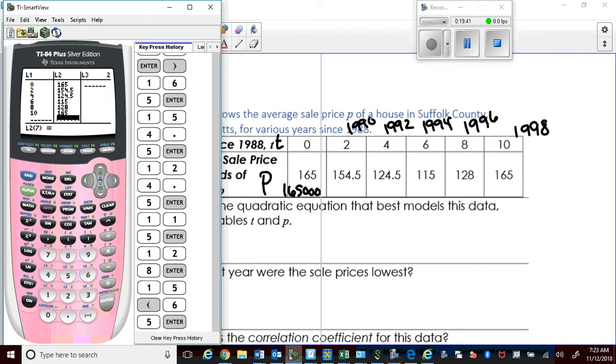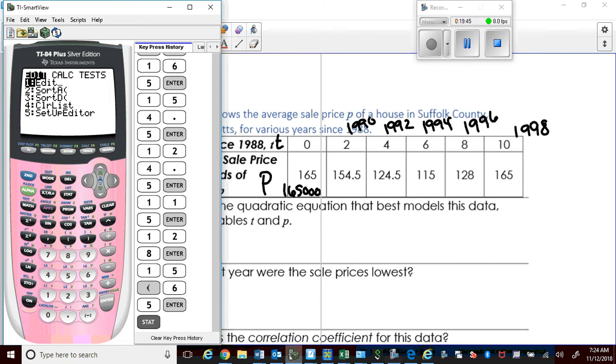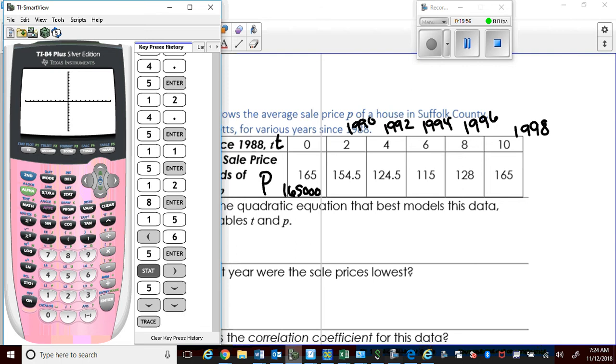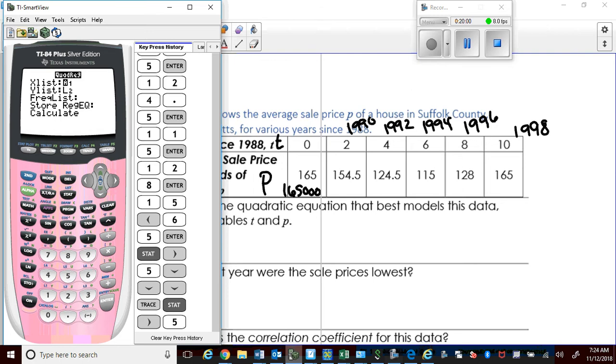Okay, now I got my numbers in the data in, so I press stat, go right over to calc, and press 5 for quadratic regression. I'm going to store this equation into y1, so I press alpha trace. Sorry, my bad. So go back over to calc, 1.25. Go down to store regular equation, press alpha so the A shows up, and press trace, enter.